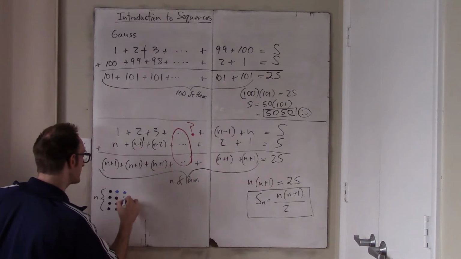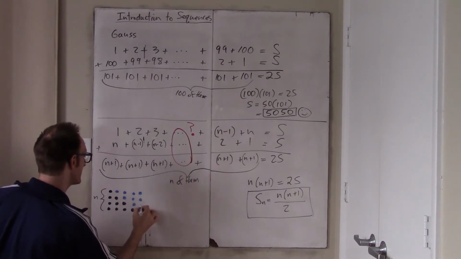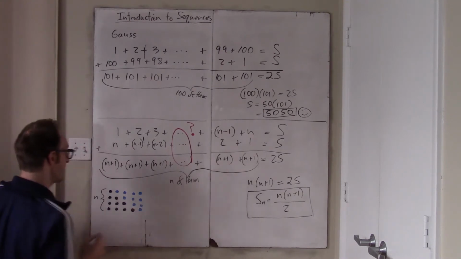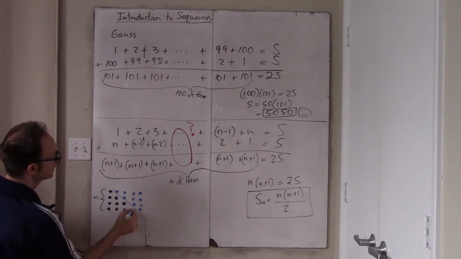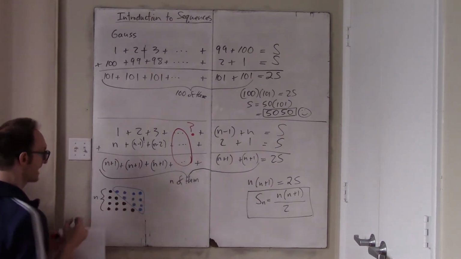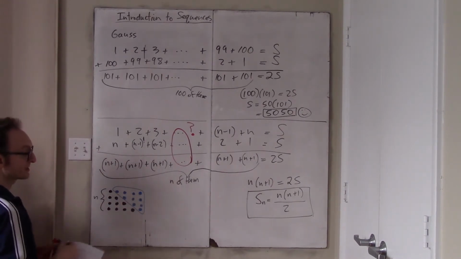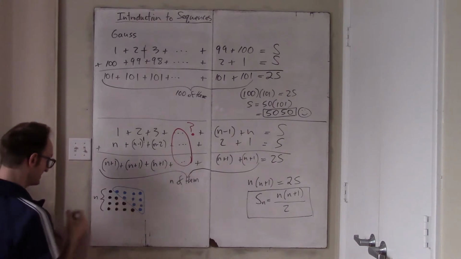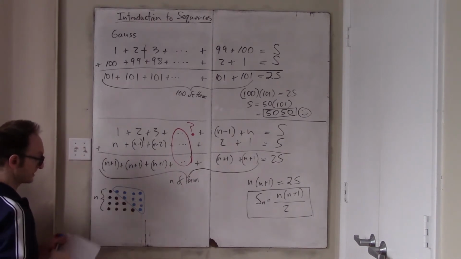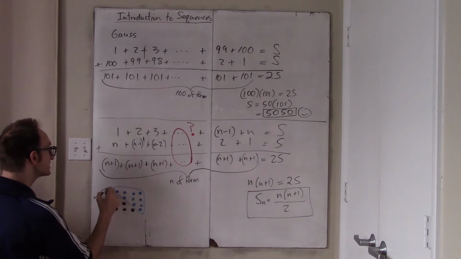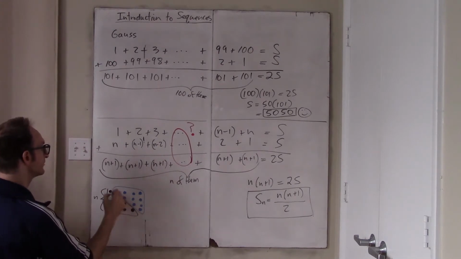This is calling out to be complemented with another copy of the sum of the numbers from 1 to 4. There's this blue triangle, which is the sum of the numbers from 1 to 4, and this black triangle, which is also the sum of the numbers from 1 to 4.